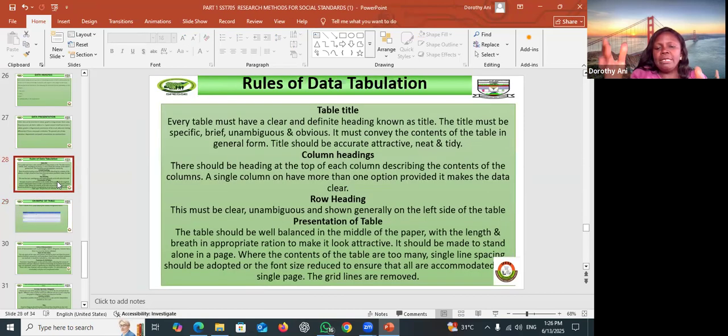And again, there is no grid line. All those lines inside this thing, a table is ruled. So you don't allow those lines to appear. There's a place you click and the lines will hide.